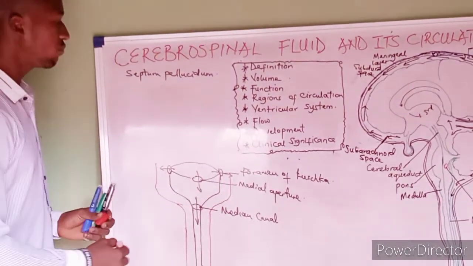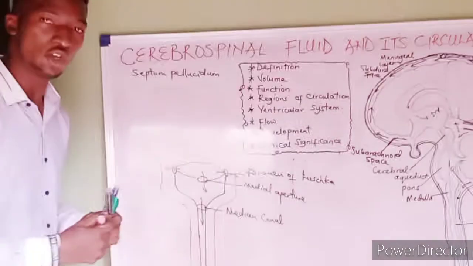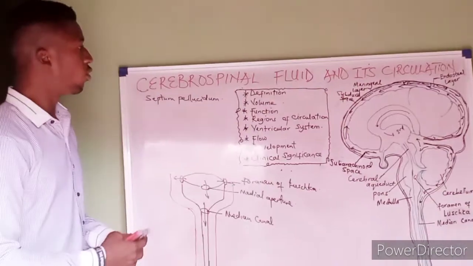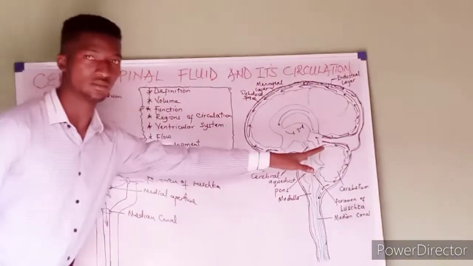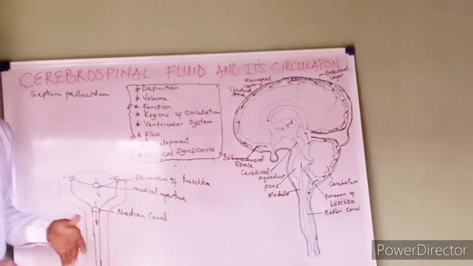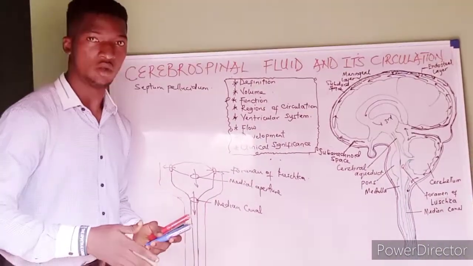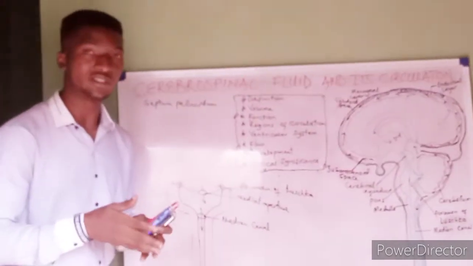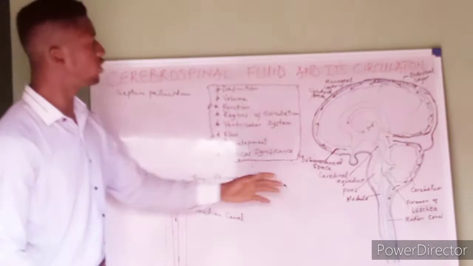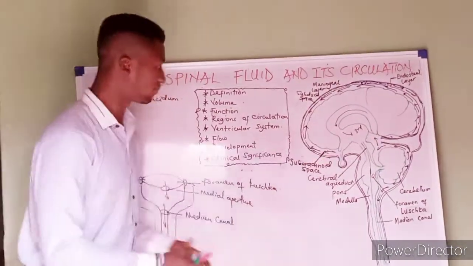From here, the cerebrospinal fluid continues upward to the regions of the cerebrum, where we have the sulcus and the cistern. The sulcus is a depression into the lobes of the cerebrum. So it continues into the sulcus and also into the cistern.